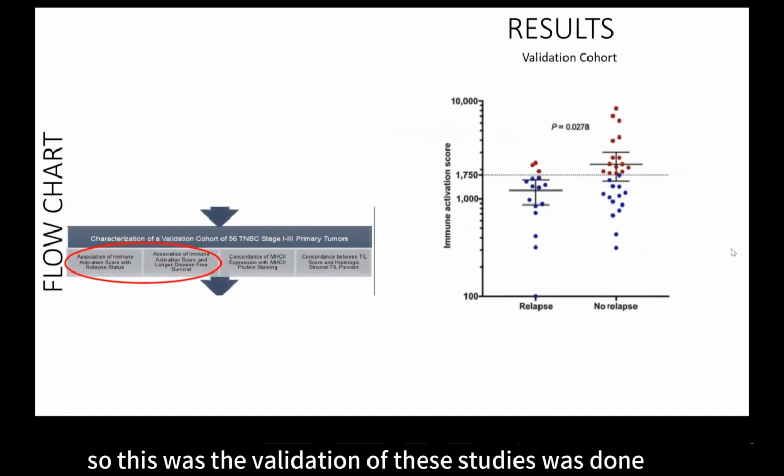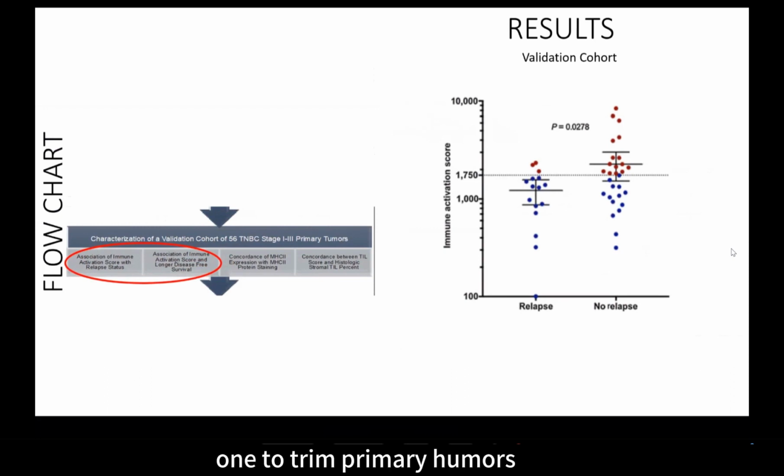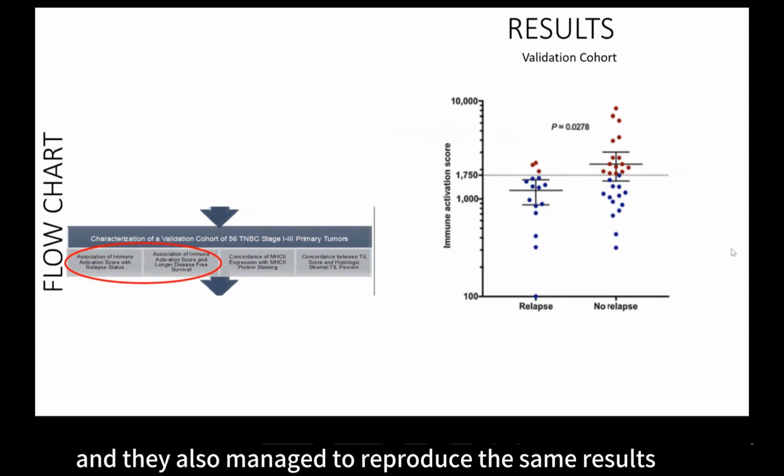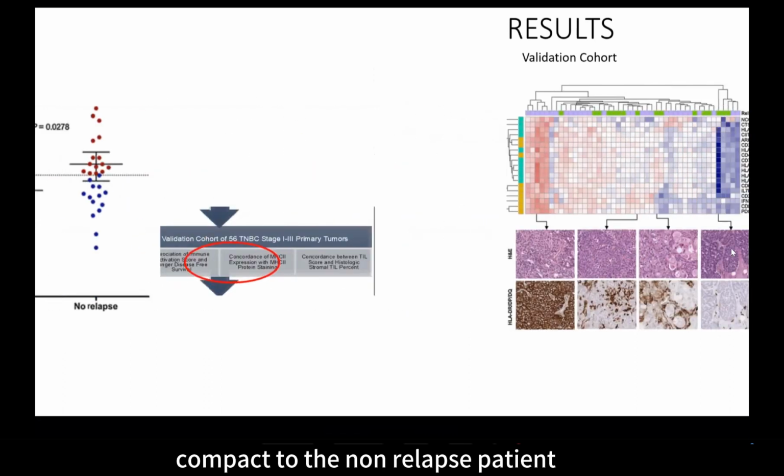The validation of these studies was done in an independent population of 56 TNBC stage 1 to 3 primary tumors, and they also managed to reproduce the same results, where the activation score was lower for relapsed patients compared to non-relapsed patients.